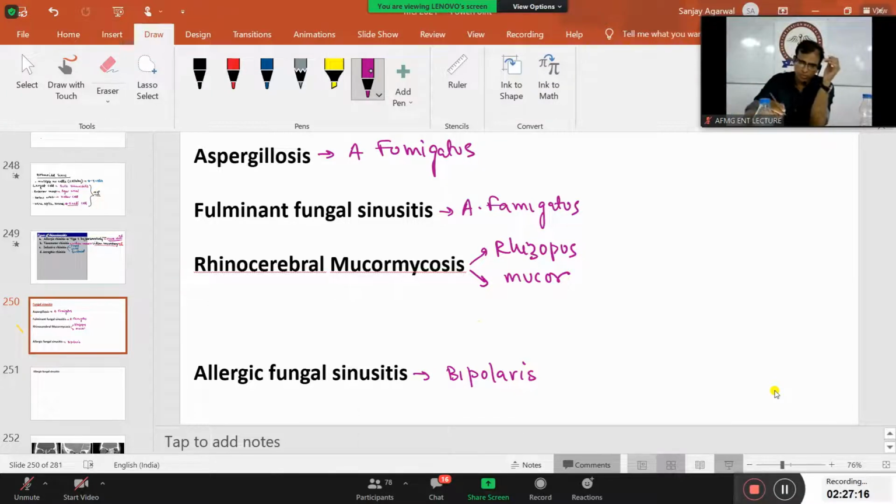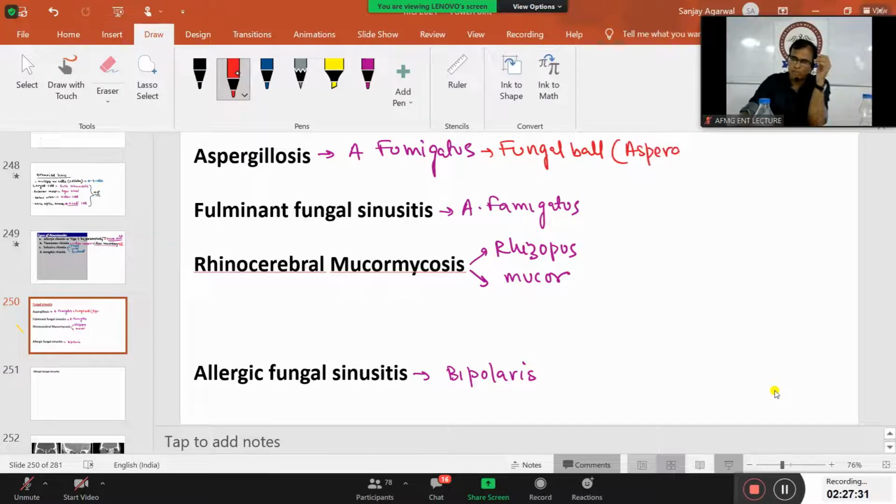Now, what happens in aspergillosis is there is a formation of a fungal ball in the nose. What is this fungal ball called? Aspergilloma. In aspergillosis, there is a formation of a fungal ball in the nose which is called aspergilloma.